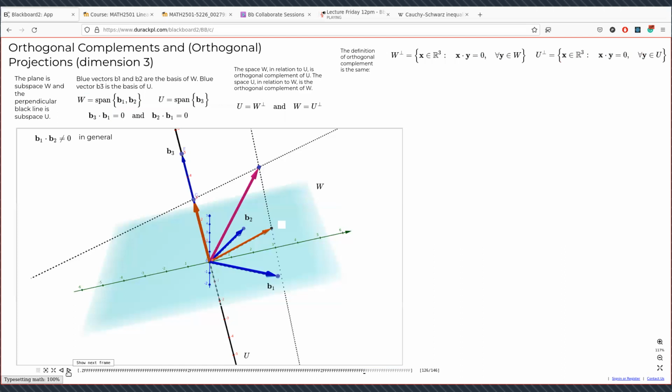And in reverse, this time it's a bit different. The definition is the same, but the outcome is different. U perpendicular is again all vectors in R3 which are perpendicular to everything in U. If you take all of the vectors in R3 which are perpendicular to this line, you will end up with this plane.